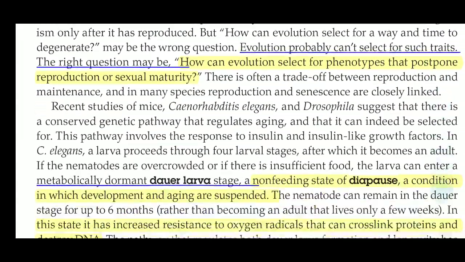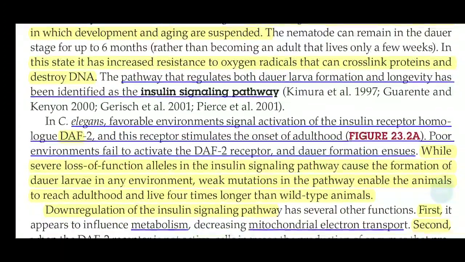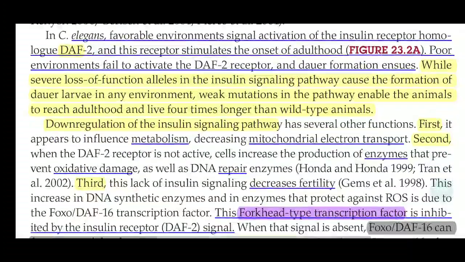In the larval stage, when there is very little nutrition in the surroundings, or if the population density is very high, then the downregulation of this insulin signaling pathway could decrease some metabolism processes, and the mitochondrial electron transport system cycle is also reduced.